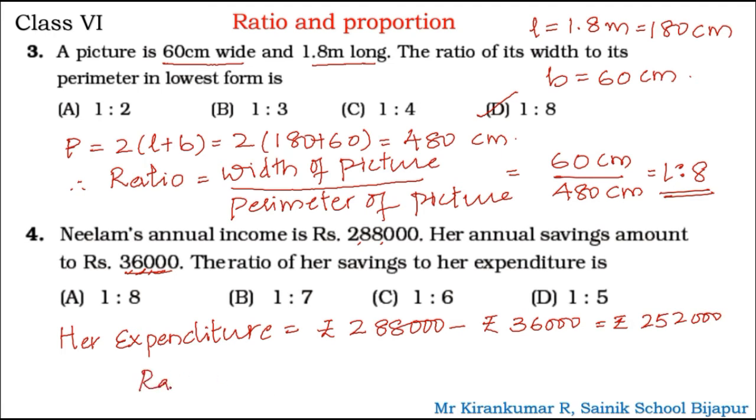So here the required ratio is 36,000 divided by 2,52,000. Three of the zeros we can cancel. 36 7 times is 252. Hence the ratio is 1:7. Option B is the right answer.